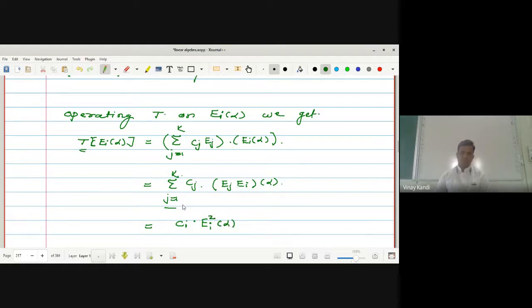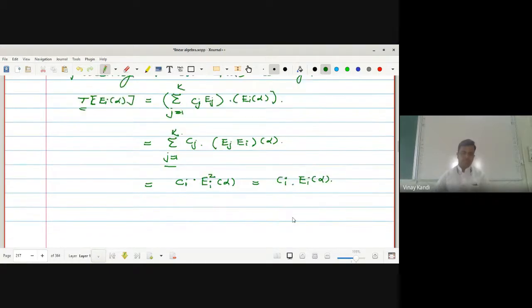After running j, this value becomes Ci into EI of alpha. What is the reason? Since EI into Ej is equal to 0 whenever I is not equal to j. That means T of EI of alpha is equal to Ci into EI of alpha for all I running from 1 up to K.